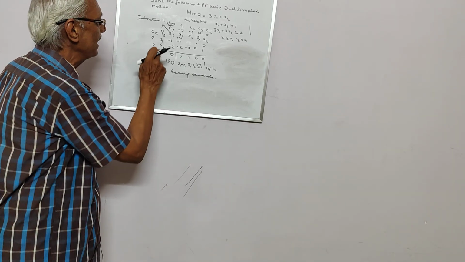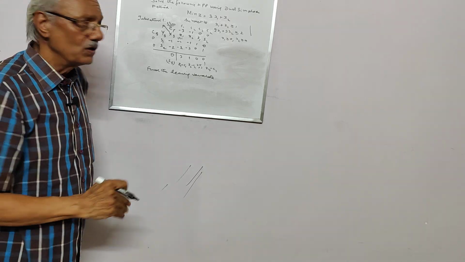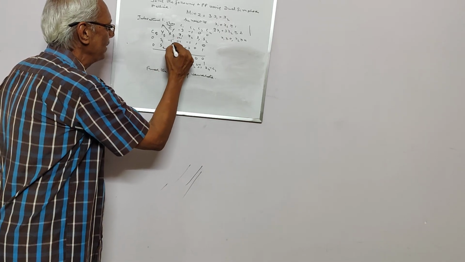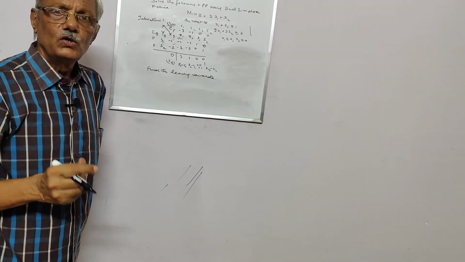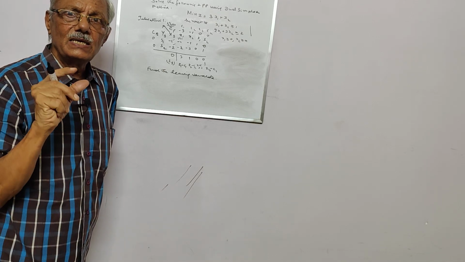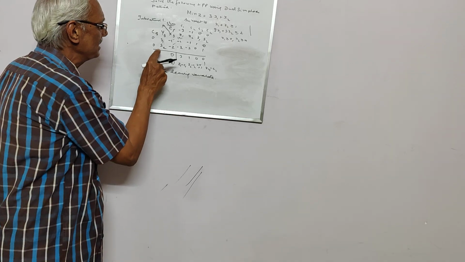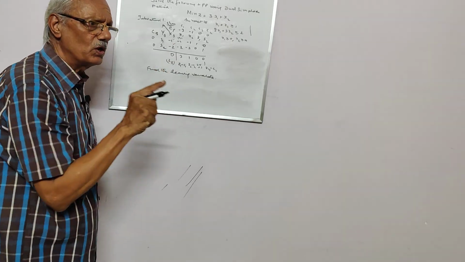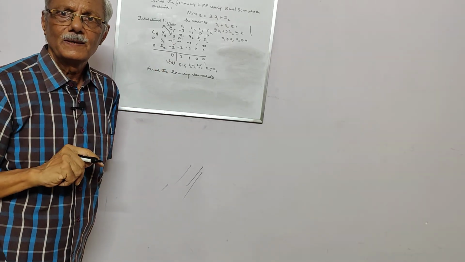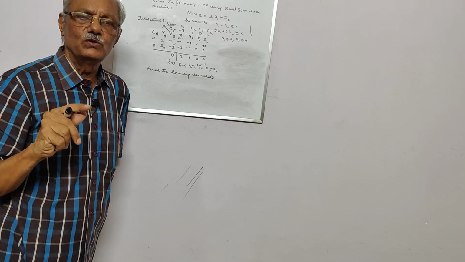So here you see that both are infeasible, in the sense that minus 1, minus 2. You choose the maximum negative. Which is the maximum negative here? Minus 1, minus 2. Don't say minus 1. I am not asking about the values.